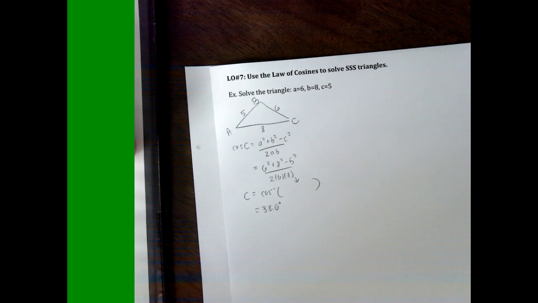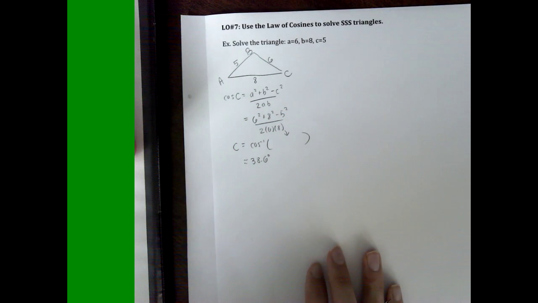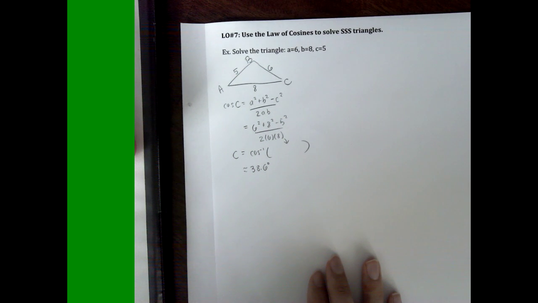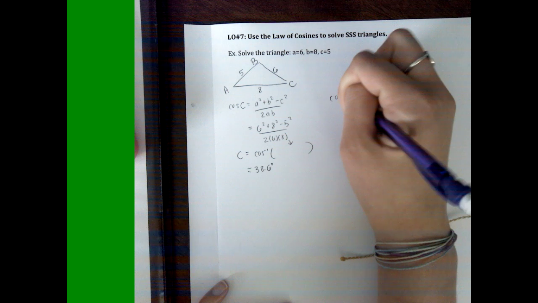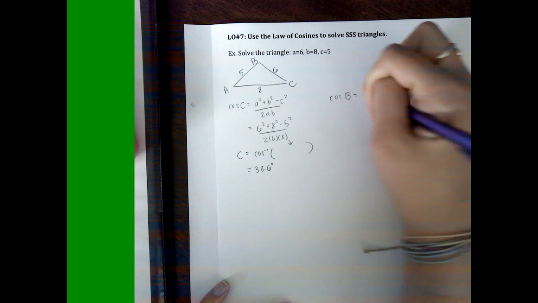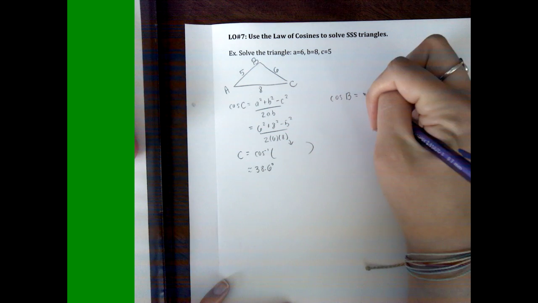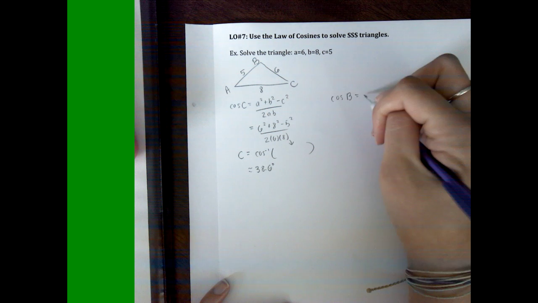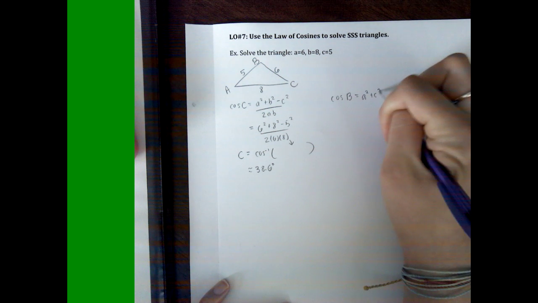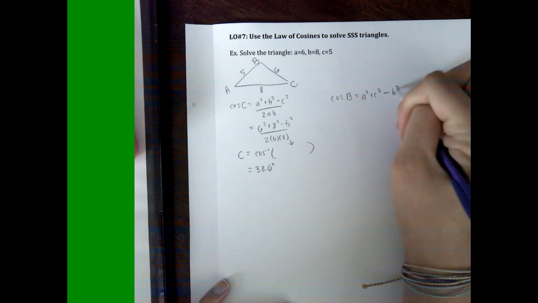Now, you kind of have an option. You could use law of sines if you wanted to, or you can just do law of cosines again. Let's do law of cosines again. You pick, it doesn't matter. So for this one, the first two that add are the ones that are not b. So it's going to be a squared plus c squared, and then you subtract the same letter.